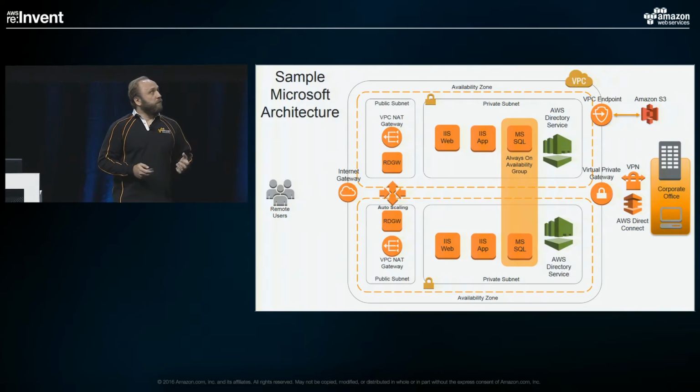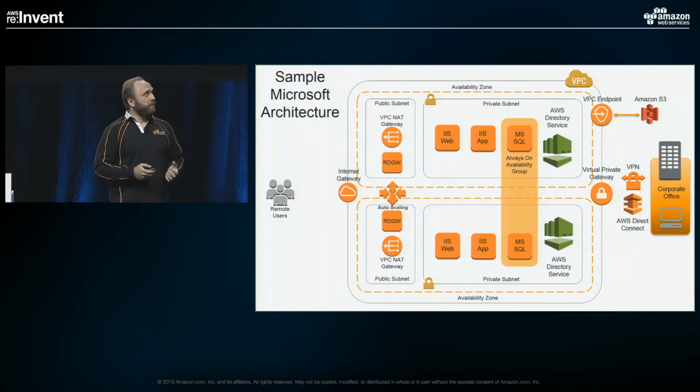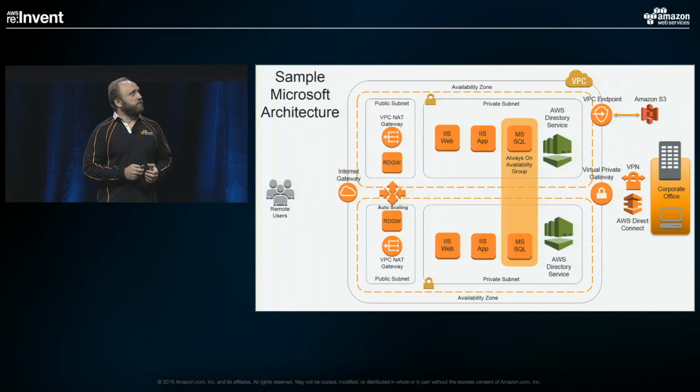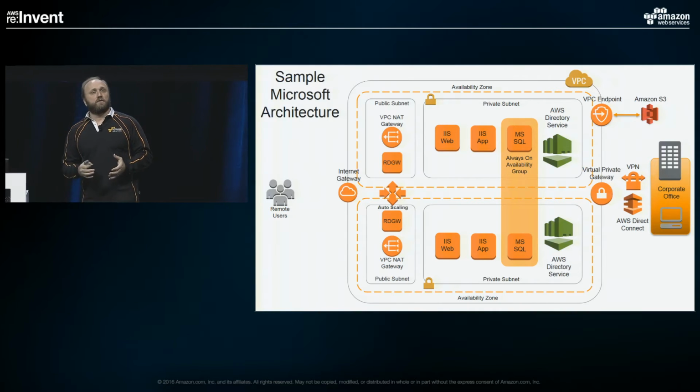So typically, you have the public and private subnet. As you can see, they're all encompassed within a VPC, which is a virtual private cloud. For the individual subnets, we have one for each availability zone to provide availability between those.